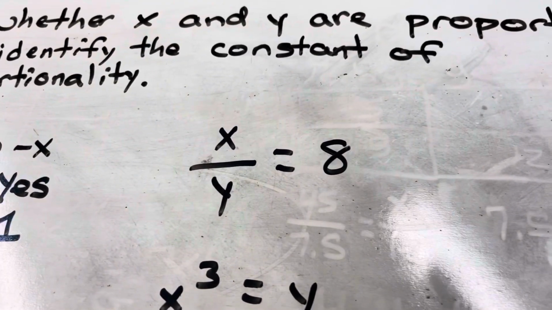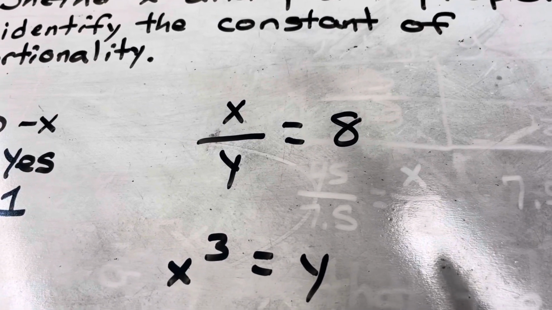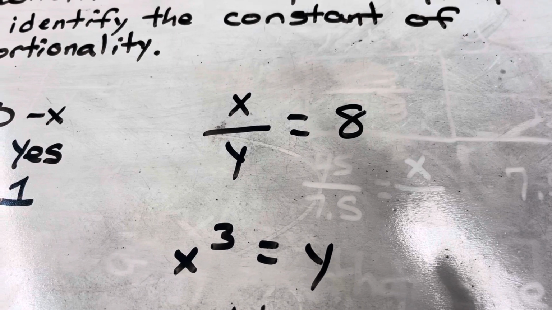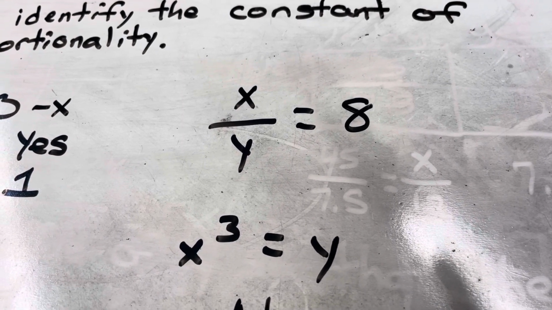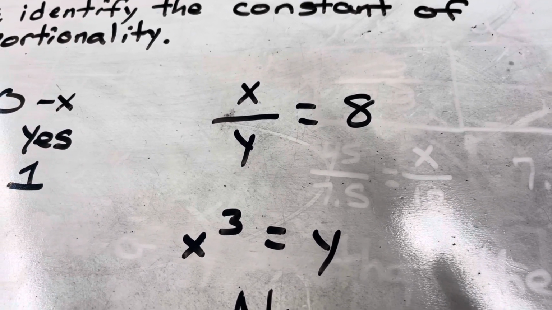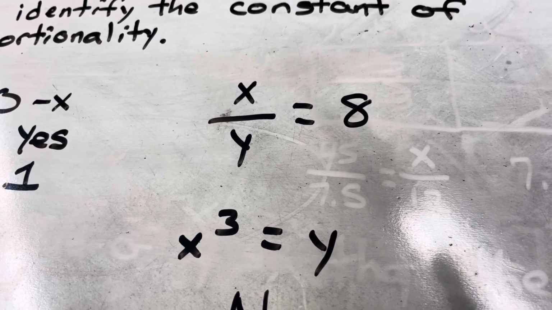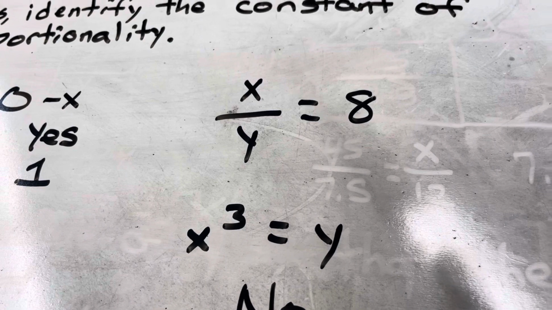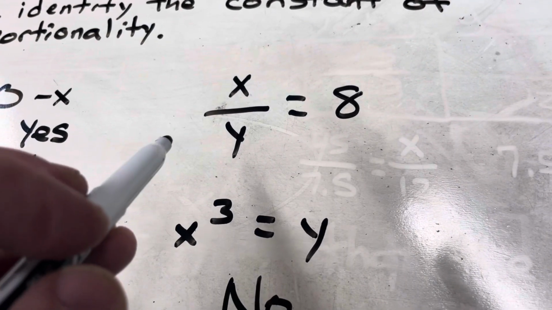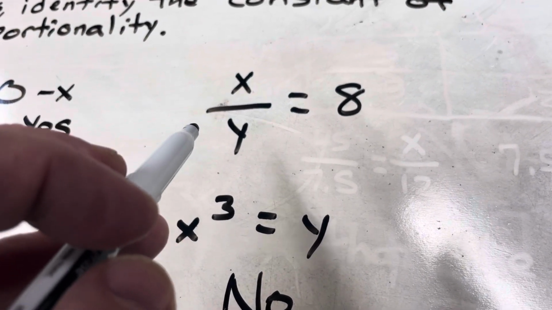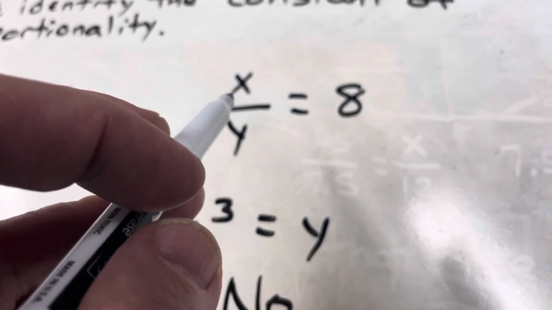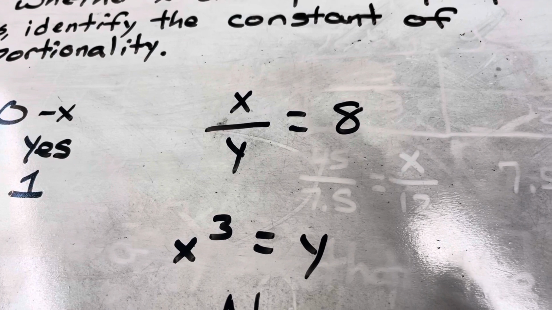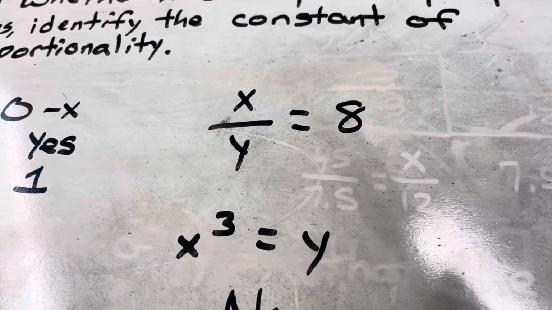X over y equals 8. Well, once again, I want to isolate. So x divided by y equals 8.